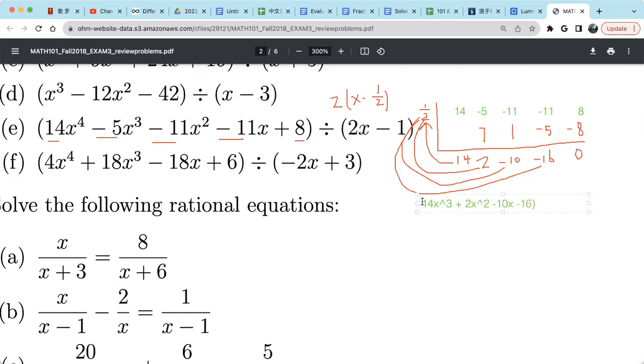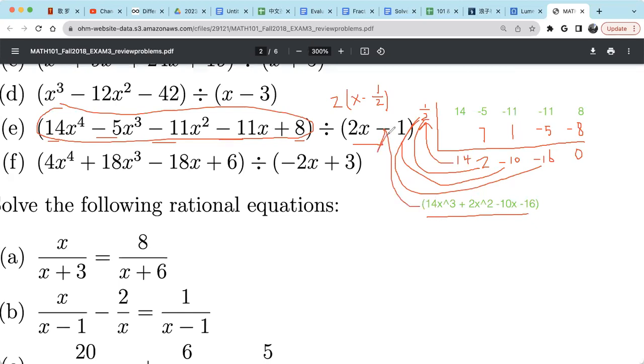This is the answer, and also it's a factor of the dividend. So the dividend can be written as the divisor multiplied by this quotient. But this, the green part, is the answer for this question. Okay.